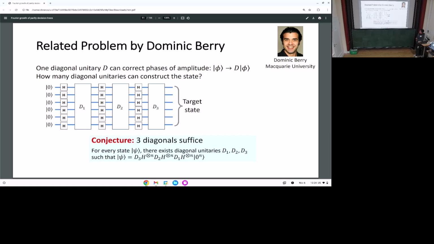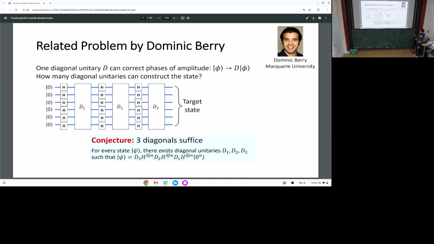In particular, he conjectures the following circuit will be sufficient to construct any state. You start with all zeros and apply a layer of Hadamards, then a diagonal unitary, another layer of Hadamards, another diagonal unitary, another layer of Hadamards, and a final diagonal unitary. That's it. You can implement any state without any error.